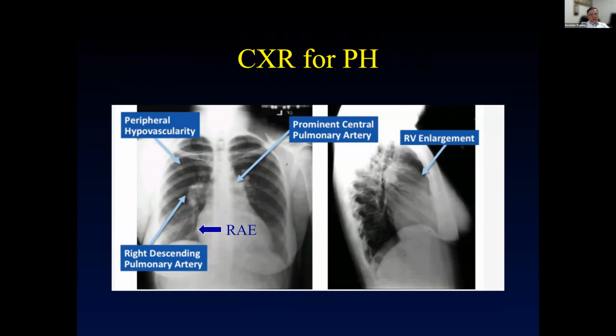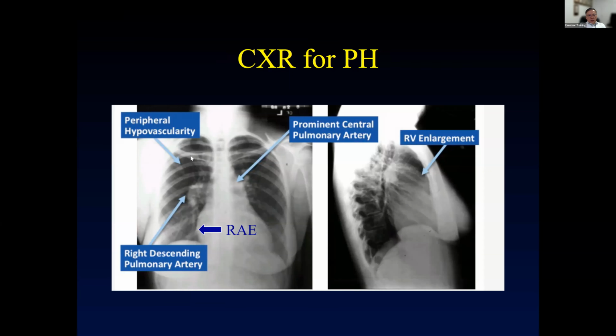The chest X-ray is also very classic in patients with pulmonary hypertension, and this is a typical pulmonary hypertension patient. You look for right atrial enlargement, so you can see the silhouette on the right chest. Very prominent right atrial enlargement. And the pulmonary artery is very prominent. This is the right descending pulmonary artery, and the central pulmonary artery is very prominent.